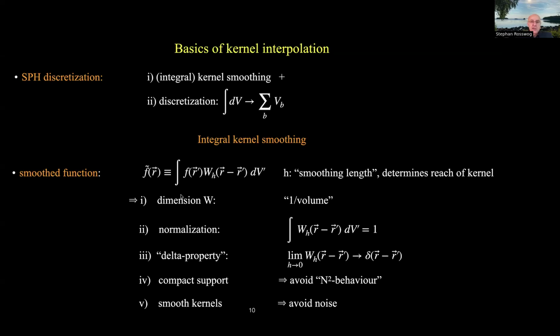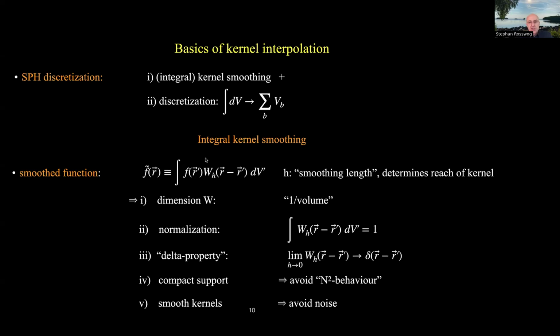And just from this expression here, you see immediately, okay, if this should make sense, so here we're integrating over a volume, that means the kernel function must have the dimension of 1 over a volume. Also for this to make sense, it should be normalized. Also for this to make sense, if you say, well, you make your smoothing lengths smaller and smaller and smaller, that means in this limit you want to recover the original function.